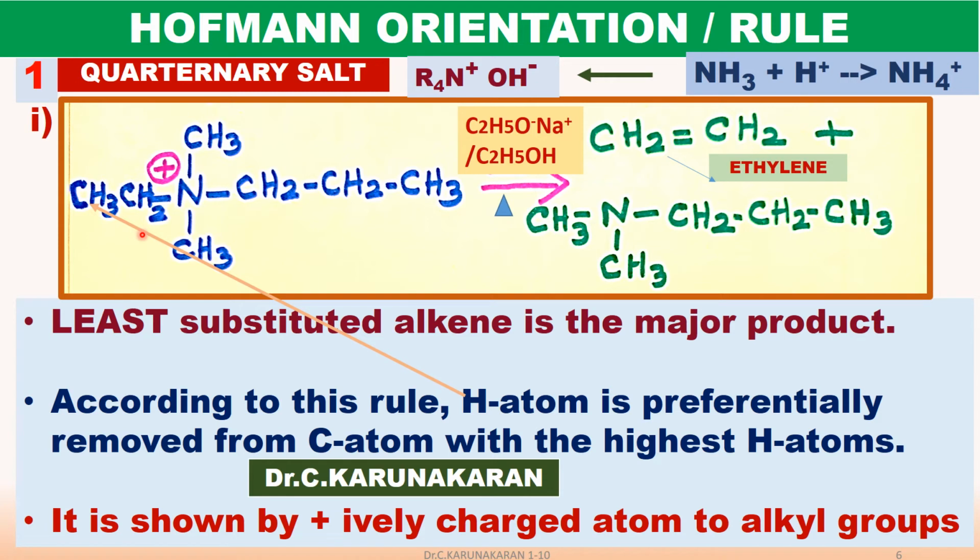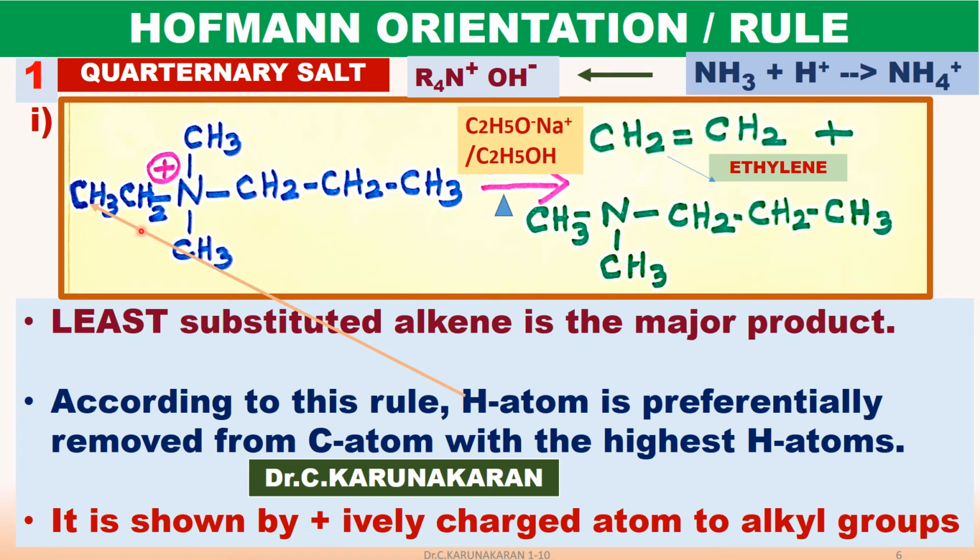This can also form ethylene. But ethylene is formed as the major product according to this rule, because ethylene is the least substituted alkene, whereas 1-butene is the more highly substituted. Therefore, ethylene is formed as the major product.